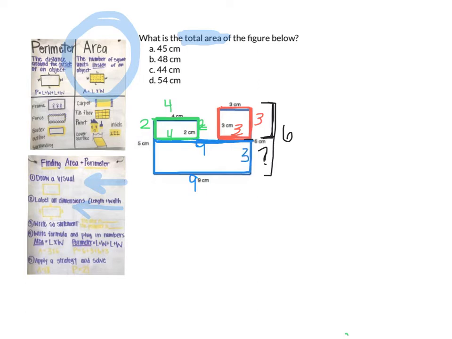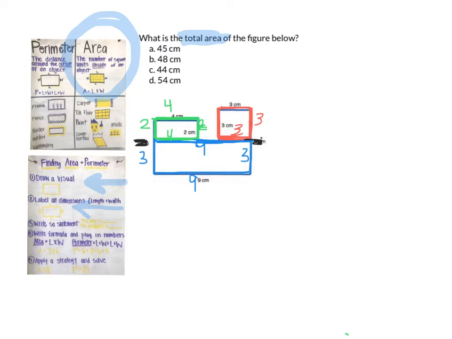This makes sense because 3 plus 3 is 6. Now that I know this side length is 3, I know the opposite side length is also going to be 3. So real quick, I'm going to cross out 6 and 5 because they are not important anymore.